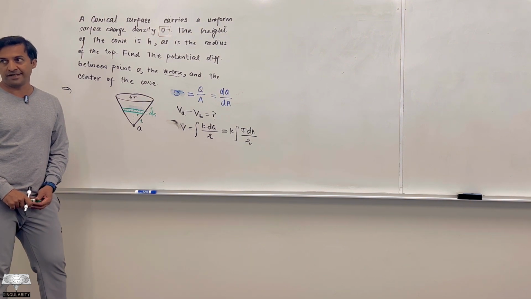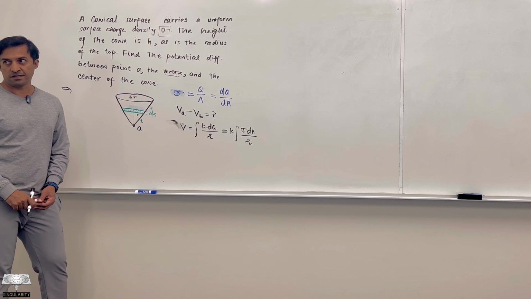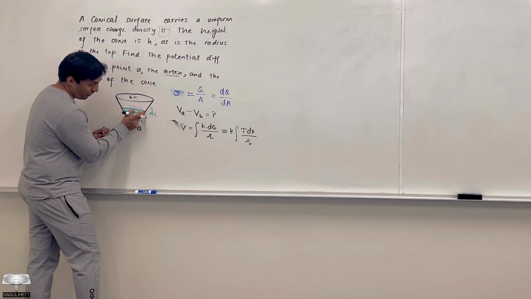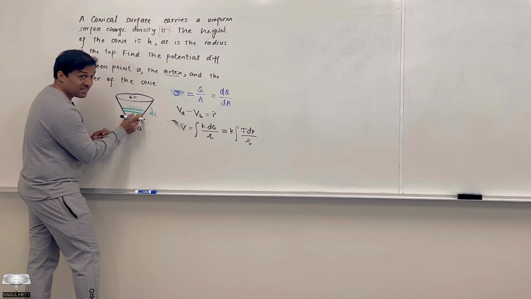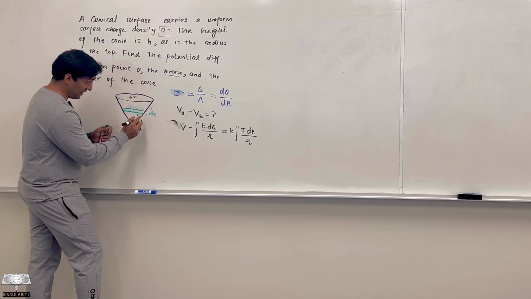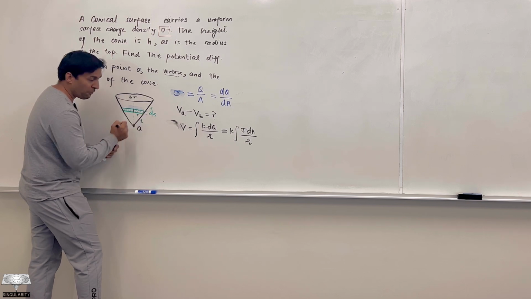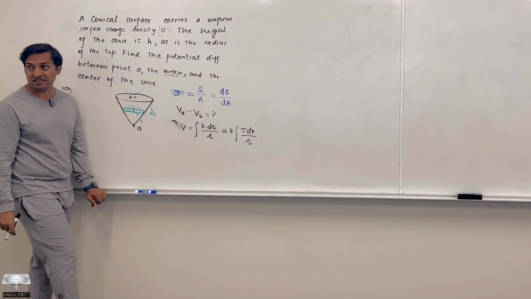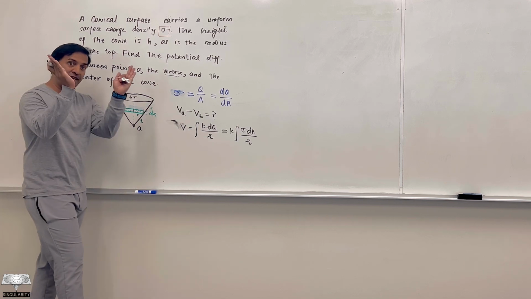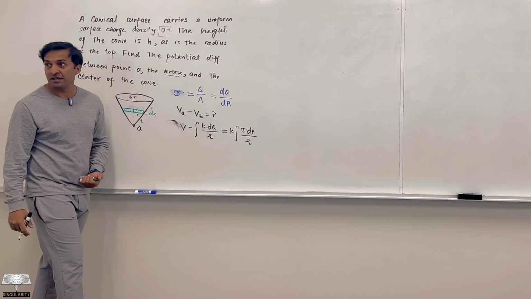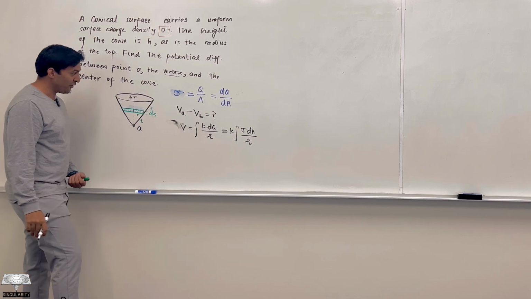Just 2 pi r dr. In this case, the length of the top line is greater than the length of the bottom line, because the cone is opening up. So if I draw two parallel lines, the top line is going to have more length.